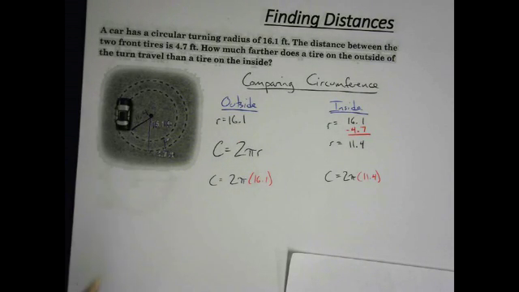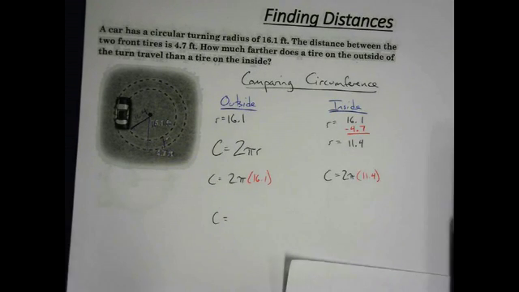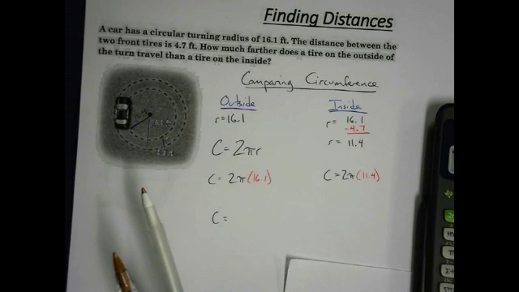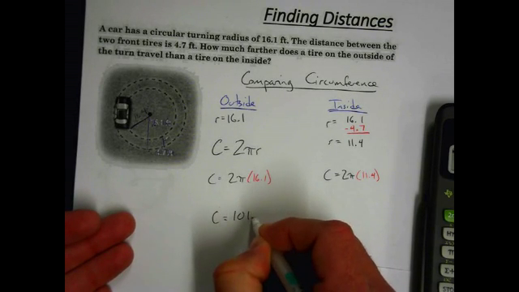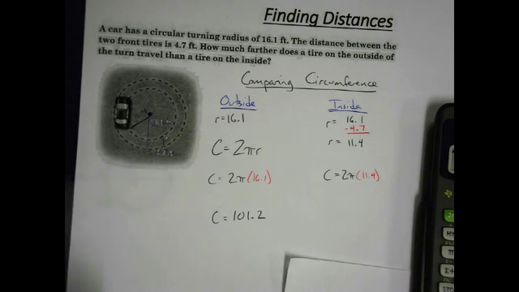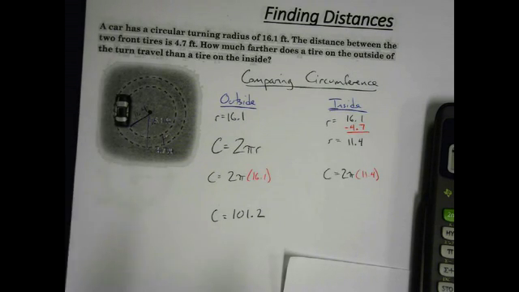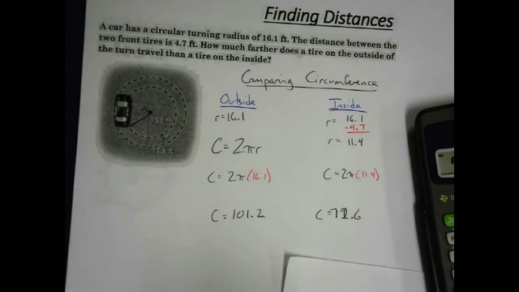So from here we can either use algebra or calculator work. Let me use calculator work first, and then I'll leave space and I'll show you a neat algebra trick. So we're going to use calculator to determine the circumference. So 2 times pi times 16.1 gives us a circumference of 101.2, and then 2 times pi times 11.4 gives us a circumference of about 71.6.